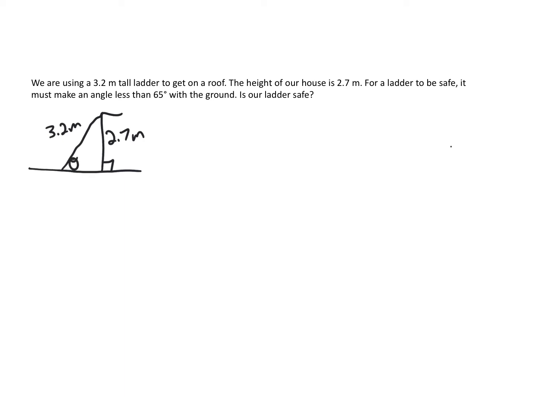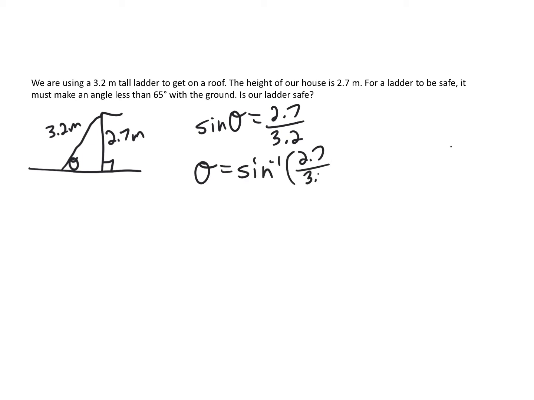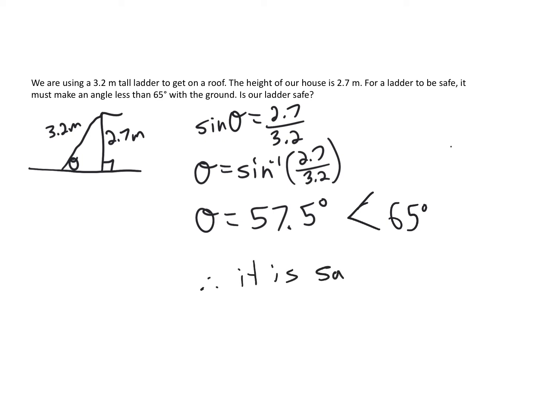If we use sine theta equals 2.7 over 3.2, then theta equals sine inverse, giving us 57.5 degrees, which is less than the 65 degrees. So it is safe.